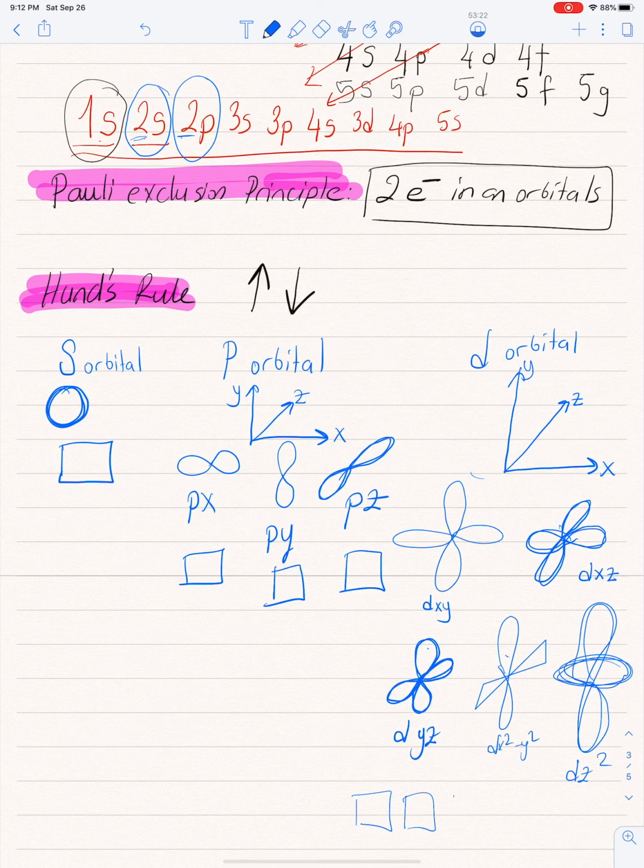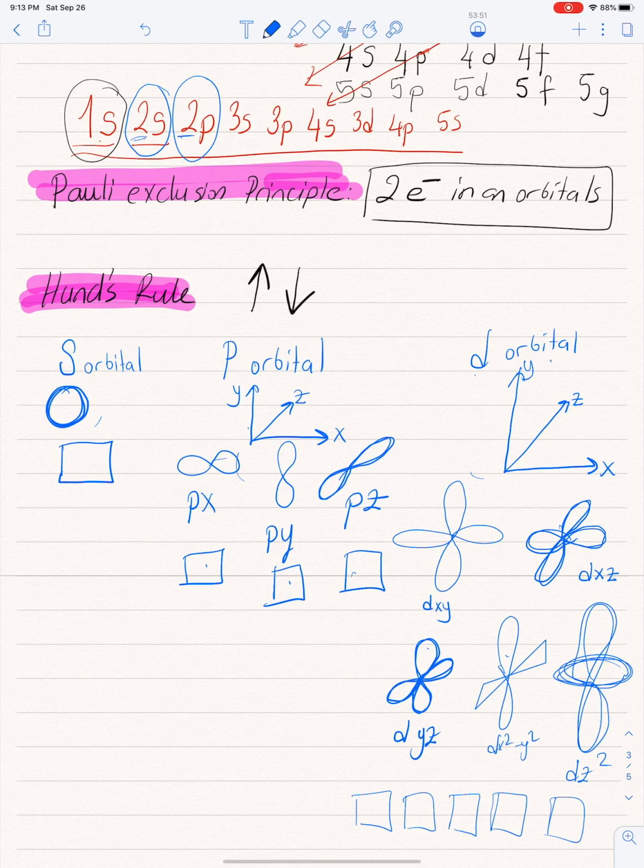And you are going to make 5 different boxes for d orbitals. Again, the s orbital has only one shape, a spherical shape, so it makes one box. The p orbital has 3 different shapes, like this, so 3 different boxes.